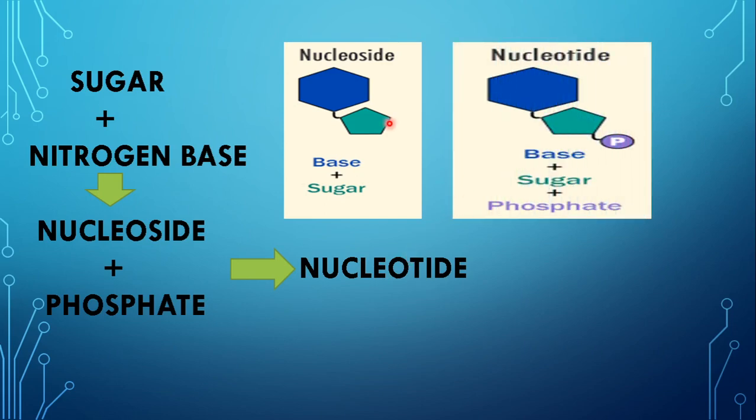Here you can see, this is the sugar, it attaches with the base, blue is base, green is sugar, this is the first position that they have shown here, and at the 5th position phosphate joins to form a nucleotide.